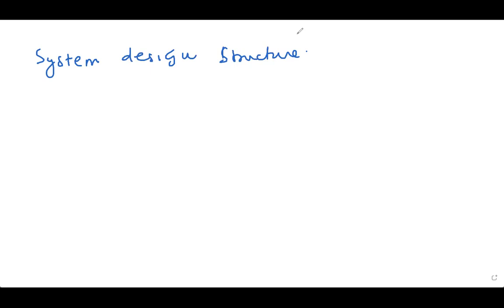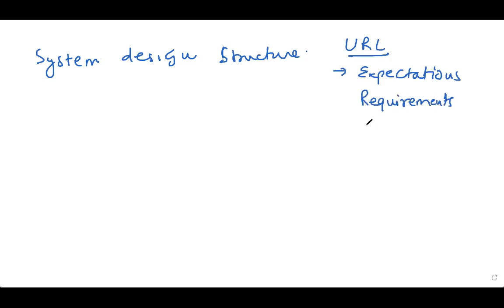Yes, sir, go ahead. So we can start with asking the person what his expectations are, what he wants the product to do in the end, and what all features apart from the normal ones he wishes to add into his system design.